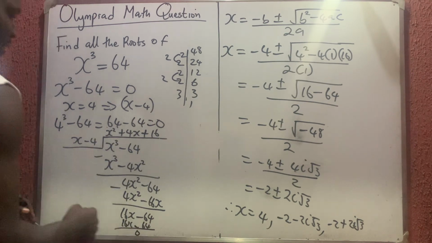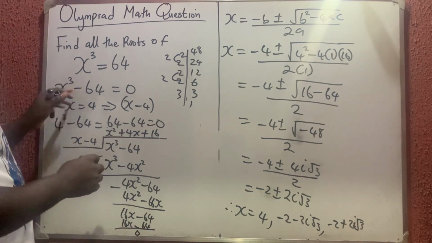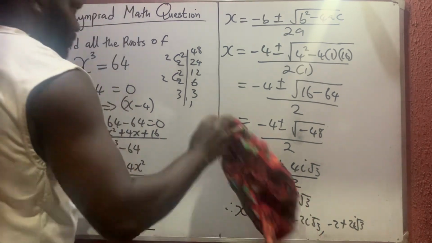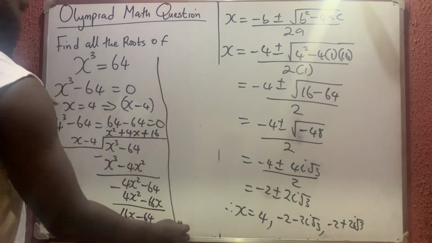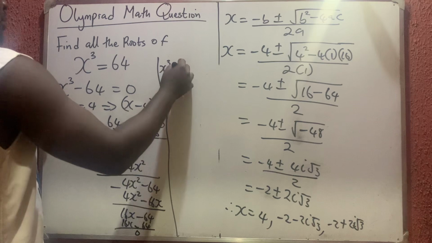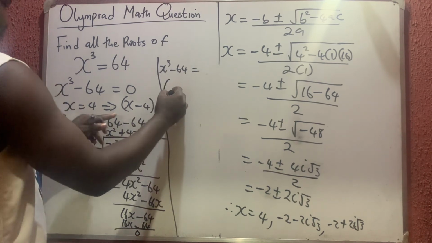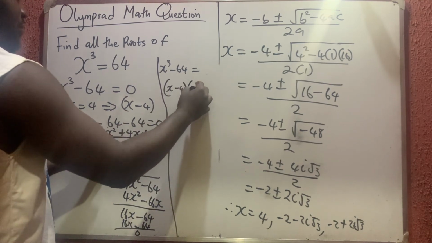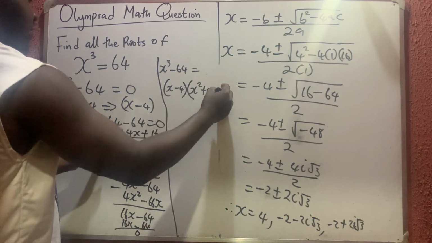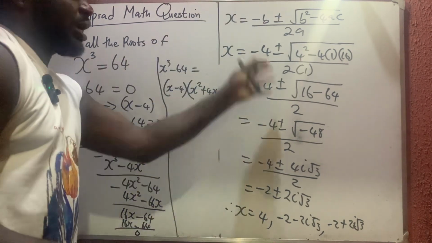So when you subtract, you have 0. You now see that x raised to power 3 minus 64 is the same thing as saying the first factor, x minus 4, into this one that I got as my answer, x squared plus 4x plus 16, which is exactly what we got before when you solve with this method.